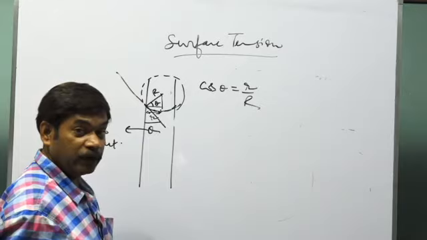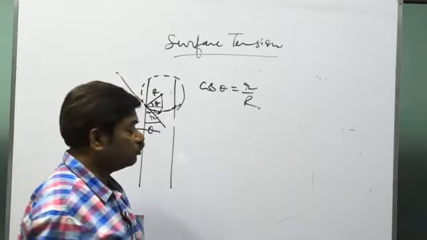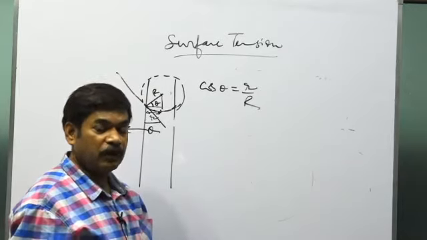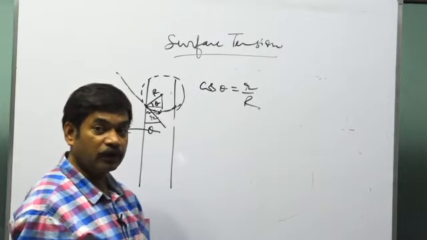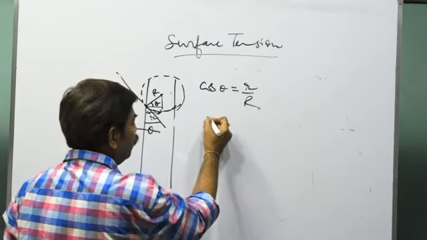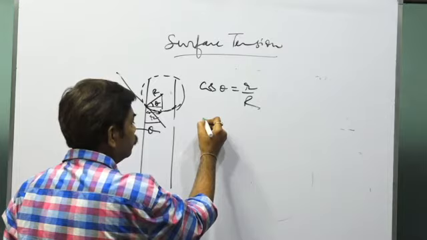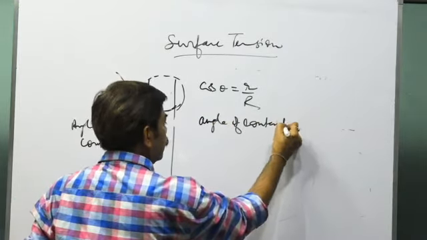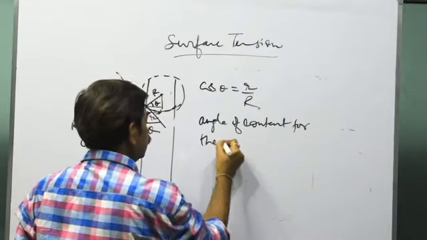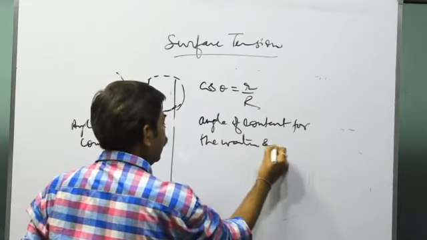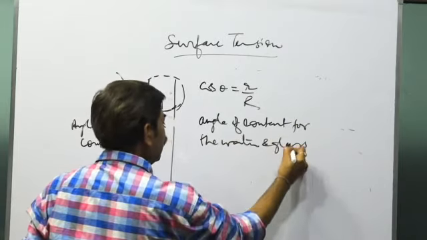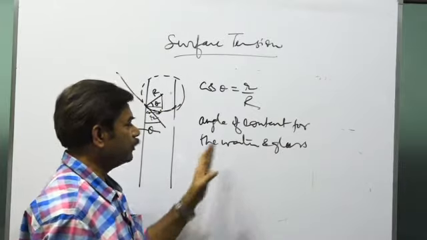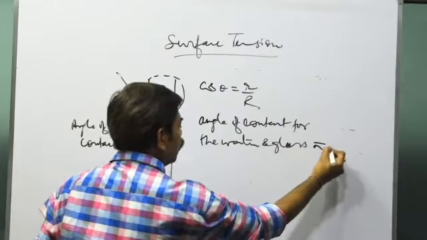And you might be knowing, they use it in almost all the competitions, they say that the angle of contact for water and glass, meaning the capillary is of glass and the liquid is water, is almost 0.